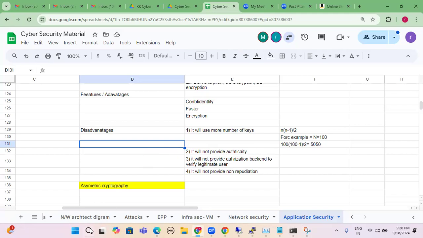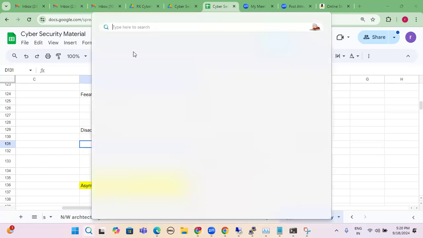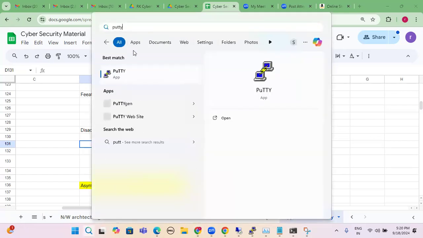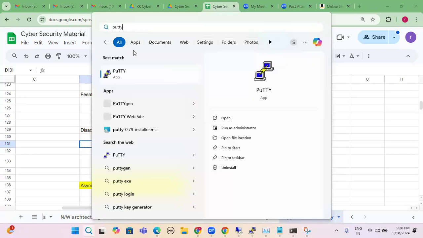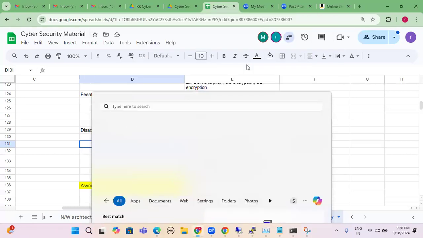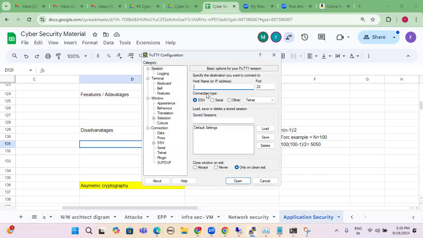If I want to explain that practically, just open the PuTTY application. PuTTY can be used to log into the Unix operating system. For example, if I give the Unix server 10.10.10.1, that may be Red Hat Enterprise Linux, CentOS, Docker container, Ubuntu or Fedora.